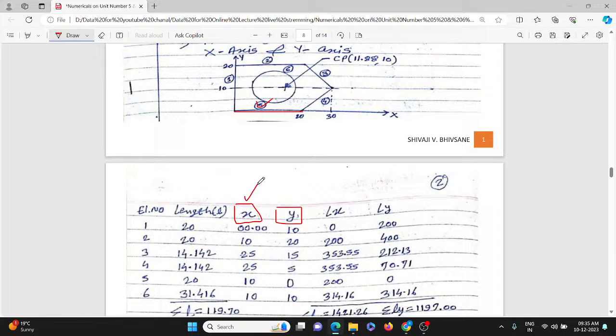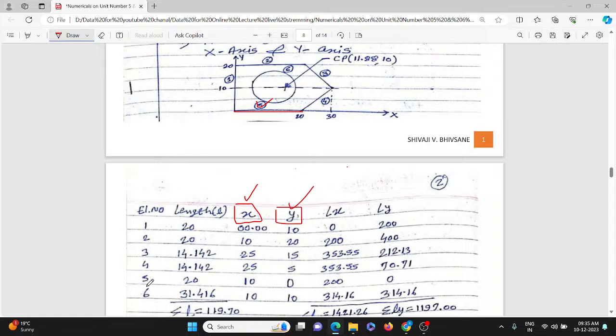That is the distance of the centroid of that particular element from the y-axis. And y is the distance of the centroid of that particular element from the x-axis.